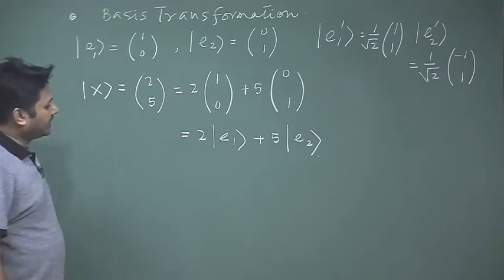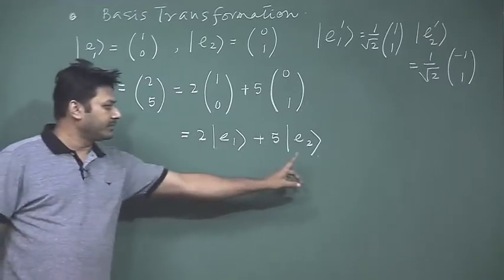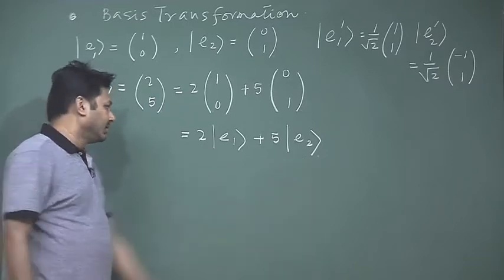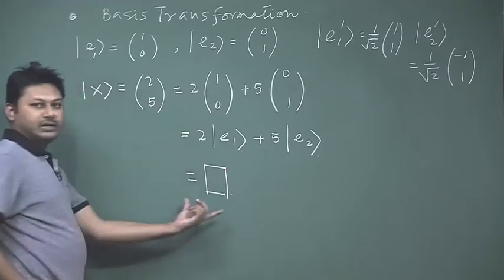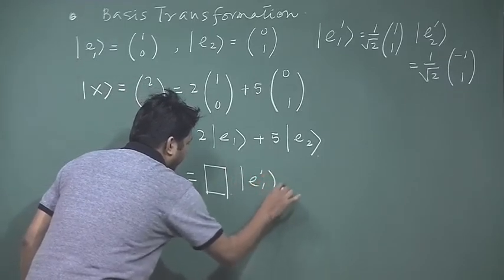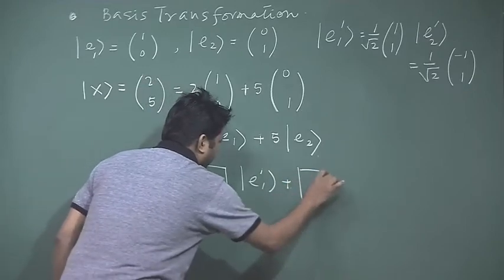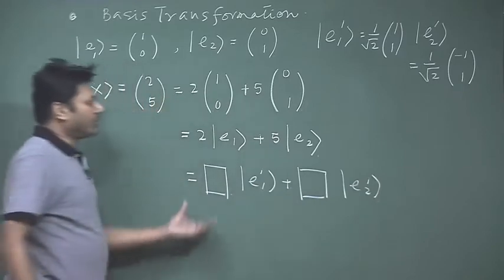The question was, if I want to represent the same vector in prime basis, then what should be the value. So, this is the box which I need to figure out, E1 prime plus the box, this is E2 prime. That was the problem.